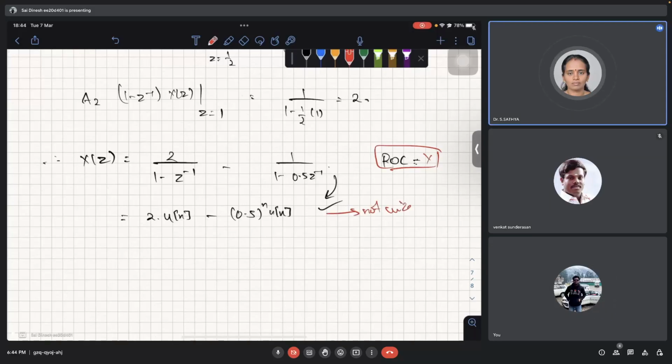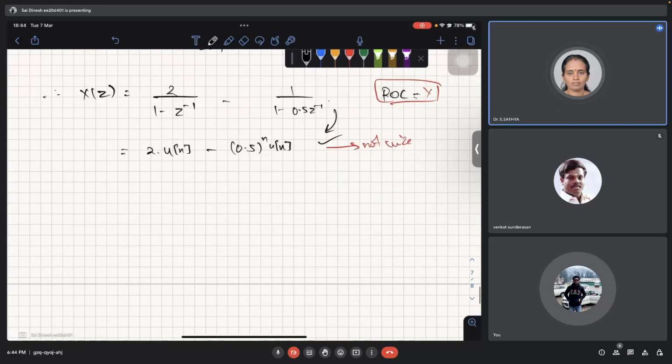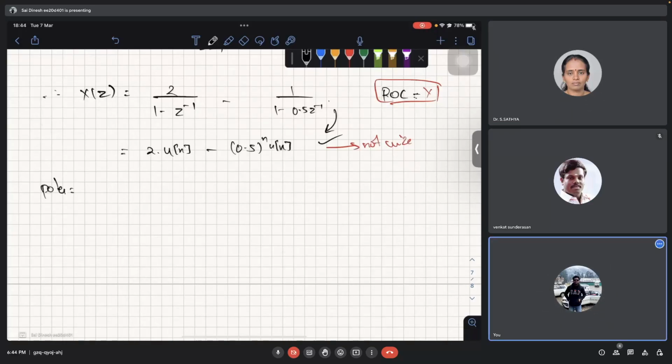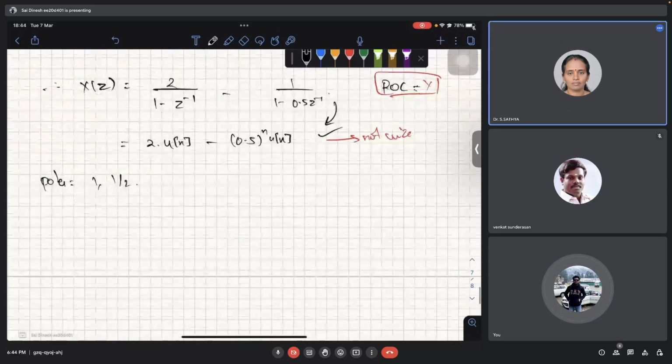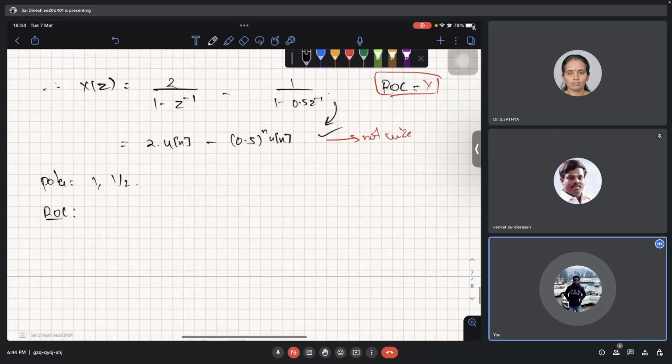With respect to poles, the ROC changes. So what are the poles here? 1 and 1 by 2. So can you tell me the different ROCs that we have?